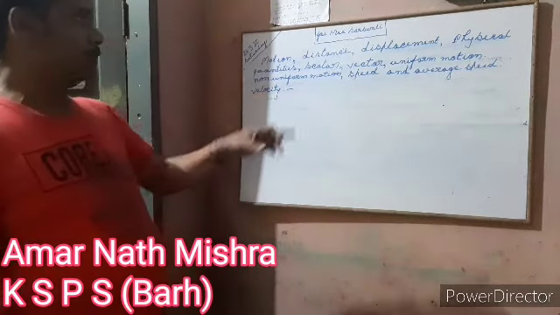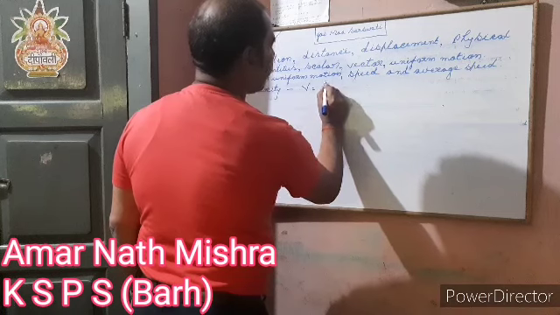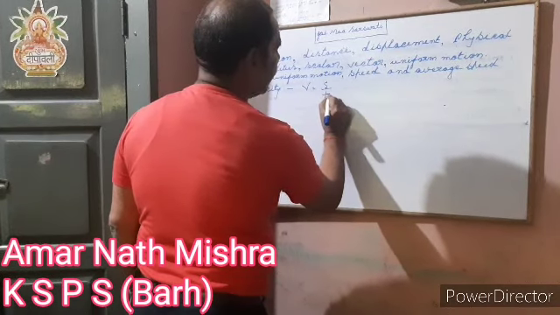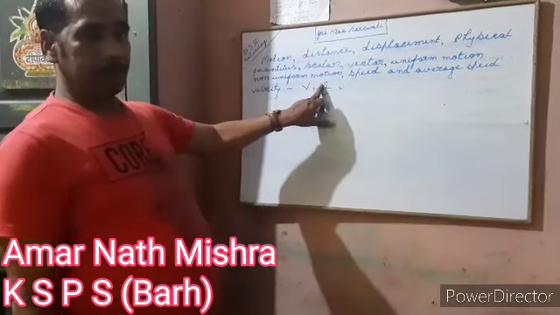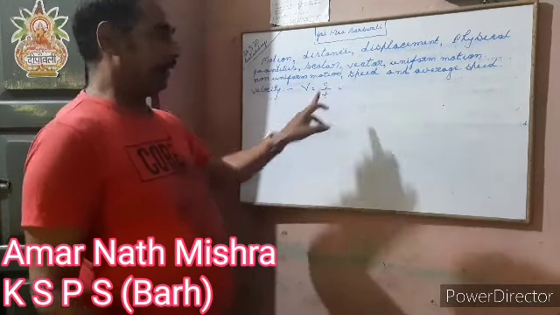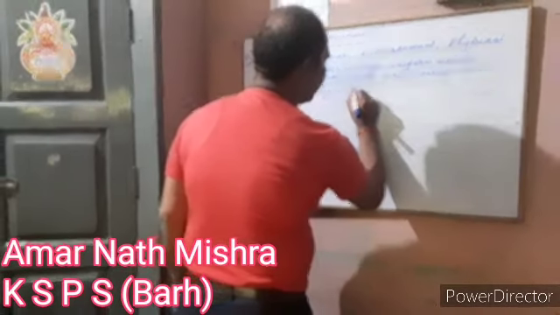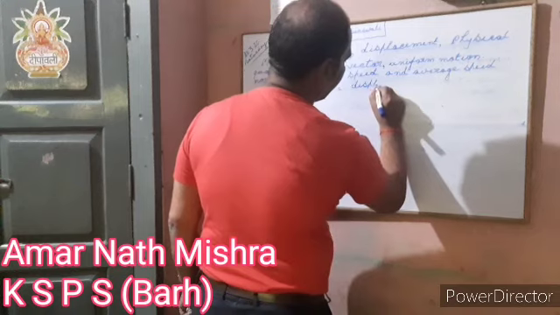The SI unit of velocity is the same, v equals s by t, but here it is covered not by distance, it is covered by displacement. Displacement and time.